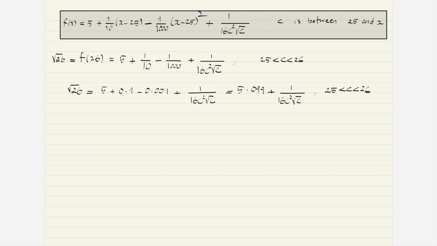Okay, so the approximate value for the square root of 26, if we choose the second order Taylor polynomial, is this number, and this is the error that we are making.